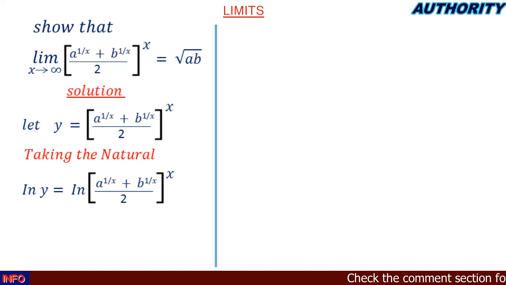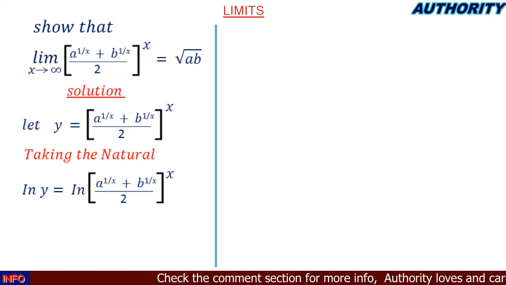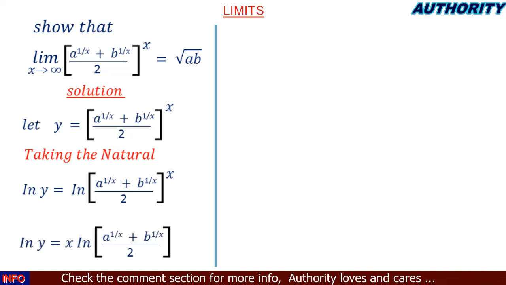Under the logarithm, you see the power x. We bring it in front of the ln. So we have x ln((a^(1/x) + b^(1/x))/2). You get it, right? Good. Now let's go.